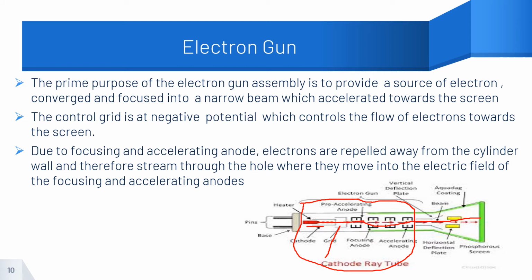Due to the focusing and accelerating anodes, electrons are repelled away from the cylinder walls and therefore stream through the hole where they move into the electric field of the focusing and accelerating anodes.